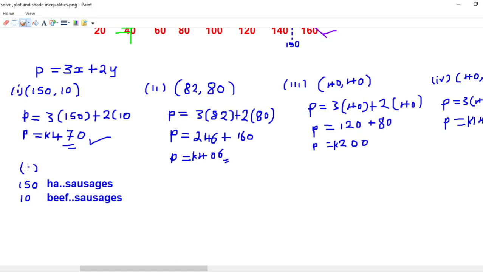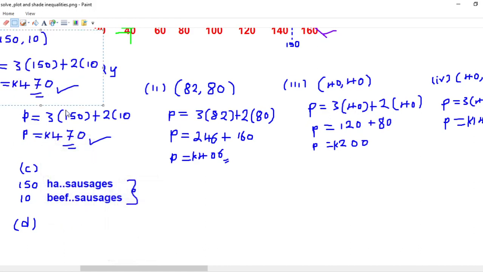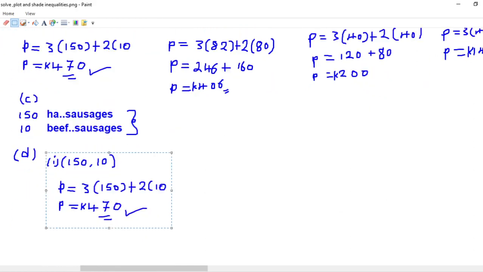Now question C, to be specific, we just need to say we need to have 150 Hungarian sausages and 10 beef sausages, and this will give us the maximum profit. And then D, where we need to calculate this maximum profit, you just need to get the same calculation we have here, and this will be your answer. This is what is supposed to be on D here.